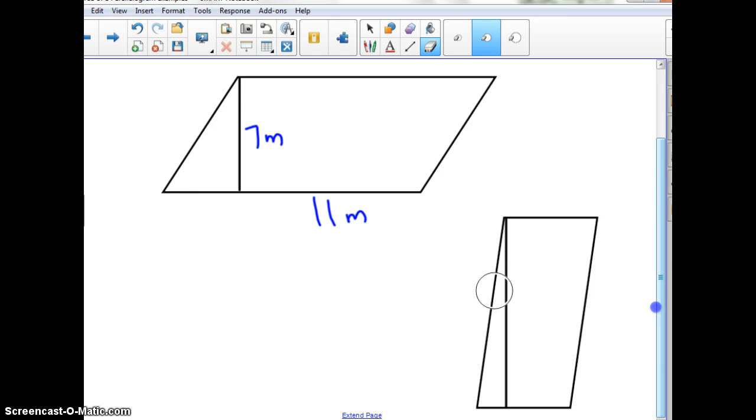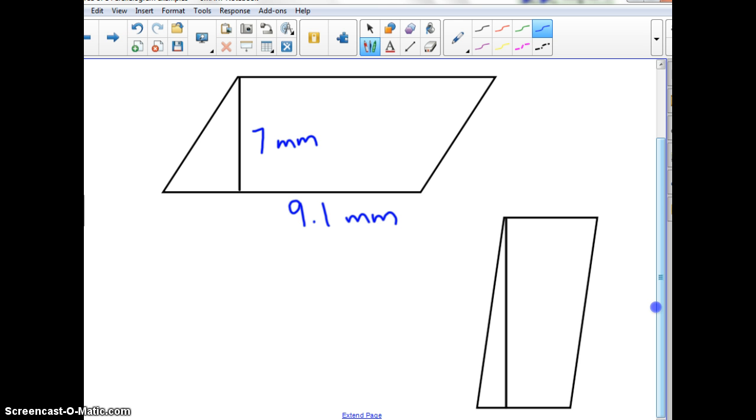Now, how many can do this one in their head? I'm going to make it a little tougher. This is a tricky one to do in your head. Aaron Lingen?